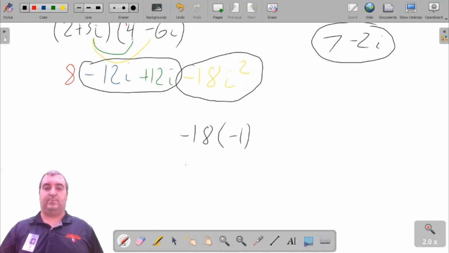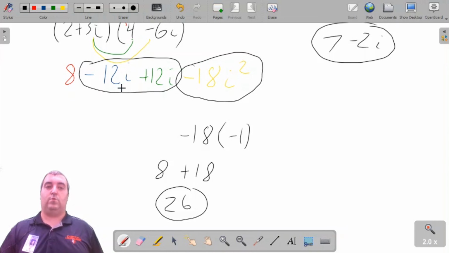So this becomes +18. This is canceled out because -12 plus 12 is 0, so we don't need the i anymore. Plus 8, so then we get 26 when we multiply this out.